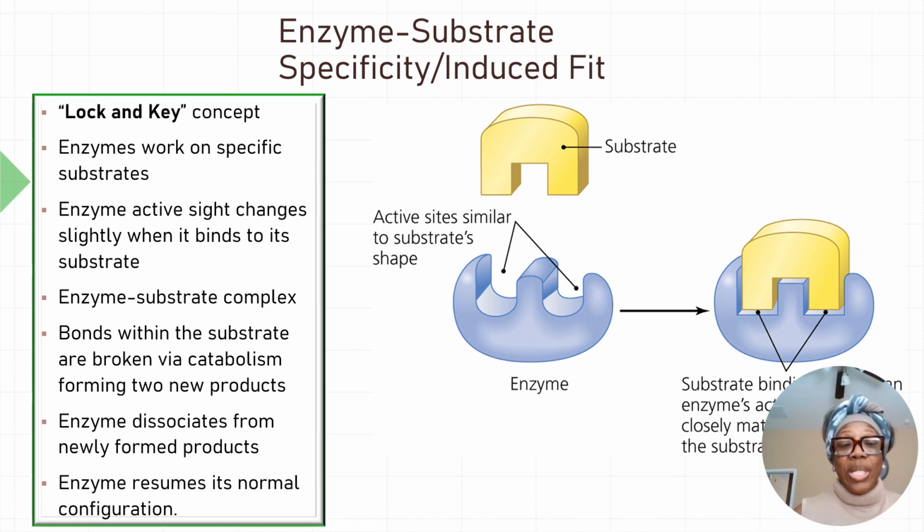Enzymes dissociate from the newly formed products at the end of this whole process. Once those new products detach from the enzyme, because now all processes are finished, the enzyme will resume its normal shape and normal configuration and wait for the next substrate to come and bind.